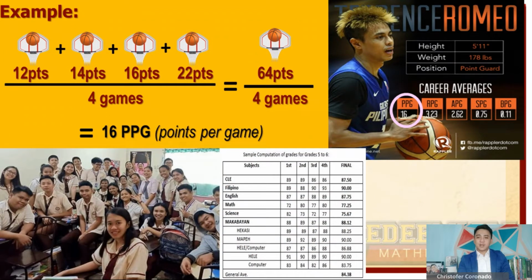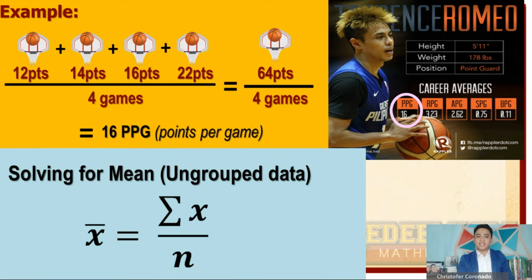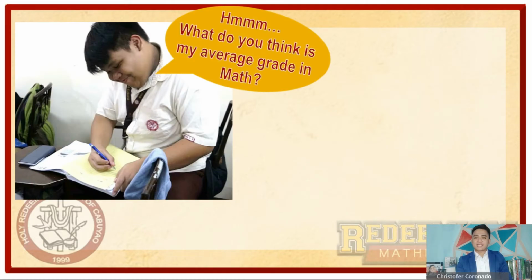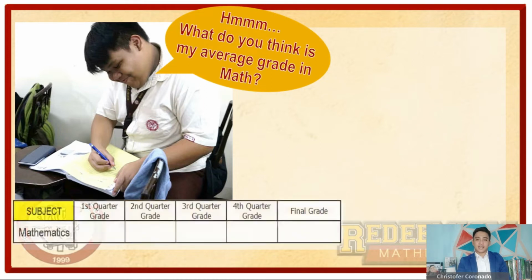In short, when solving for the mean of ungrouped data, we simply add all the scores and then divide it by the number of cases. As an example, say Juan wishes to know his average grade in math. If his first to fourth quarter grades are 92, 94, 97, and 97, then to get the average grade, we will add up those grades from first to fourth quarter and then divide it by 4.